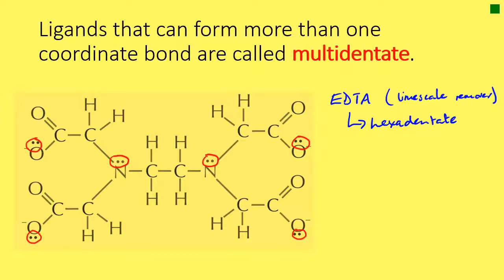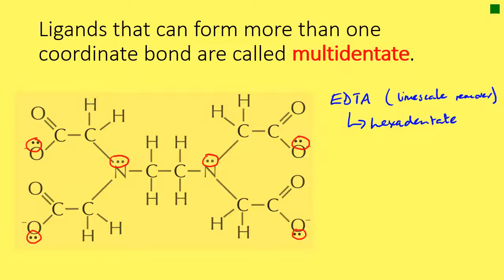And this is a multidentate ligand, so let's highlight the lone pairs. So the two nitrogens have a lone pair that could become a coordinate bond and attach to a metal ion, and the oxygen on the carboxylic acid groups, there's 4 of those, tetraacetic acid.